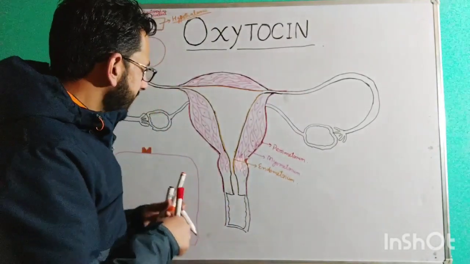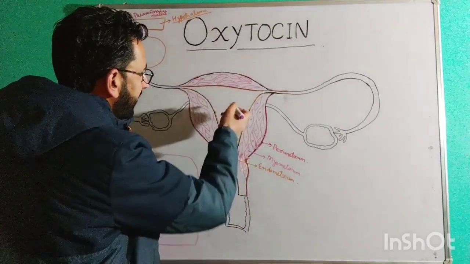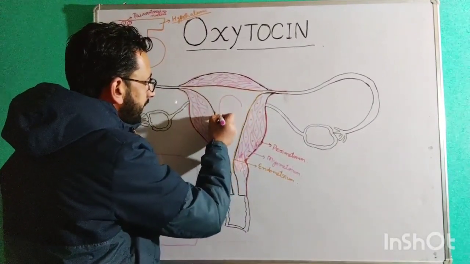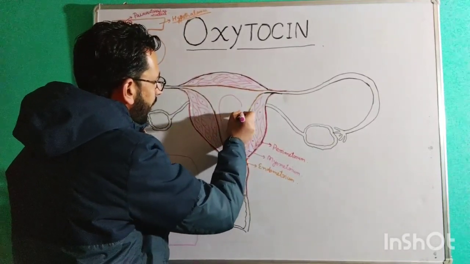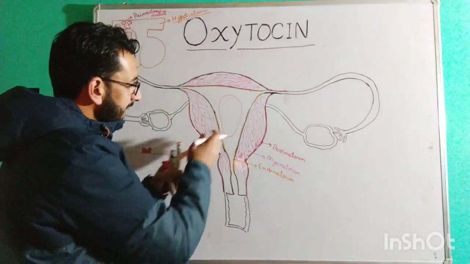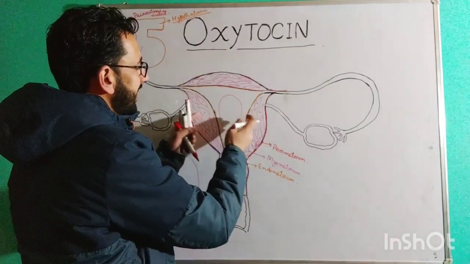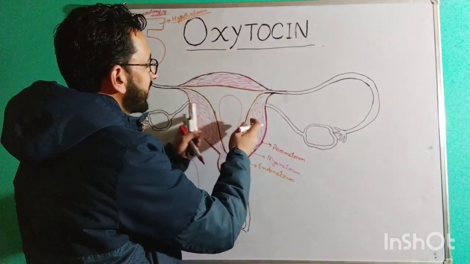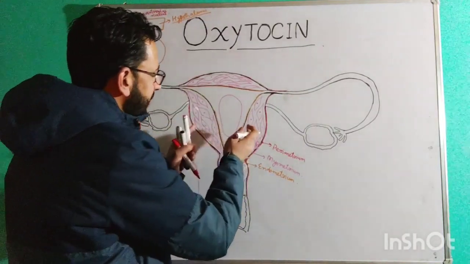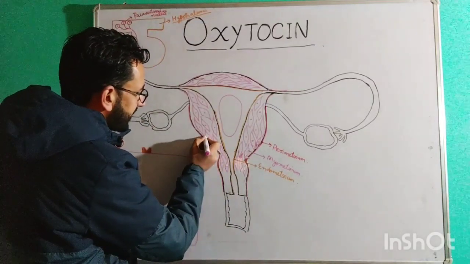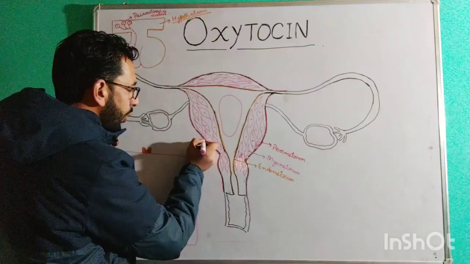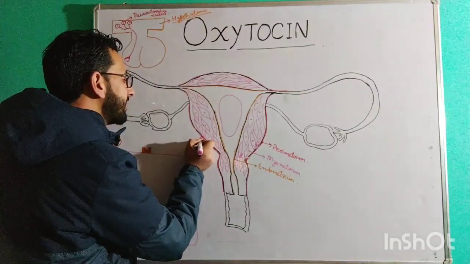Suppose we have the fetus here in the uterus, and that fetus is now ready to be delivered. The fetus puts some stretch on the walls of the uterus, and because of that stretch, stretch receptors in the walls of the uterus are activated.